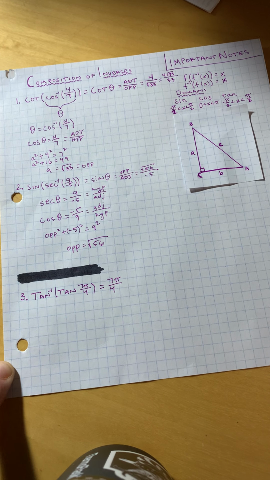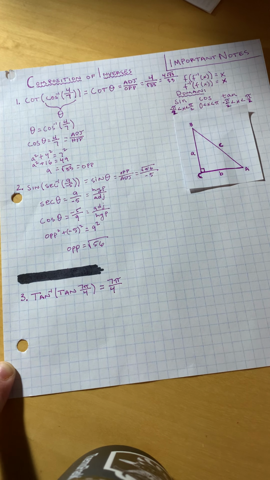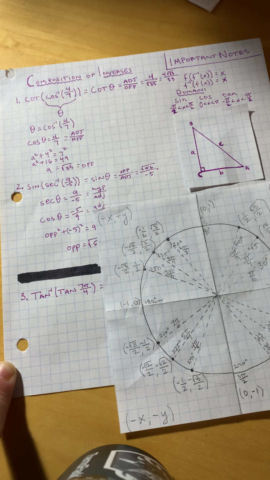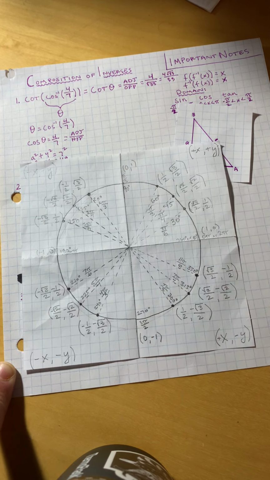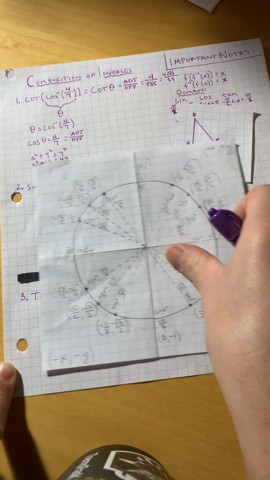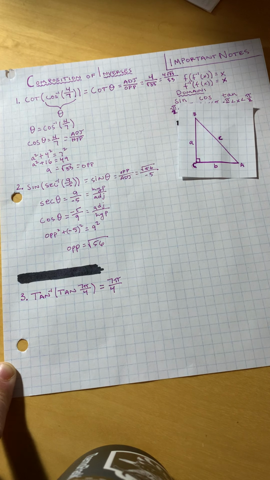Well, what does the tangent of 7 pi over 4 equal as well? We refer back to our trusty old unit circle. We got sine over cosine here, negative square root of 2 over 2 divided by square root of 2 over 2.